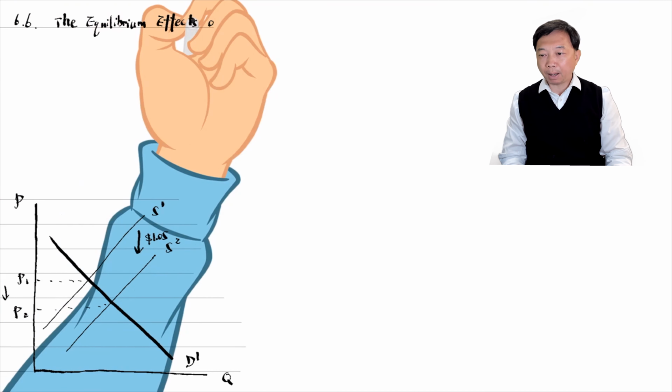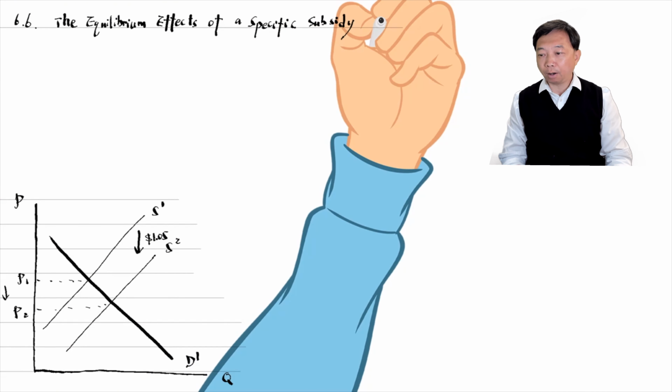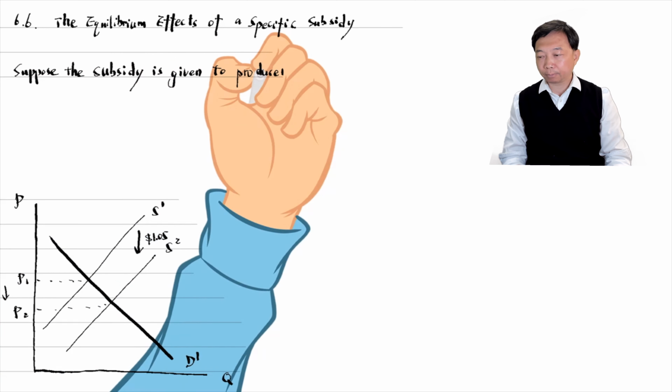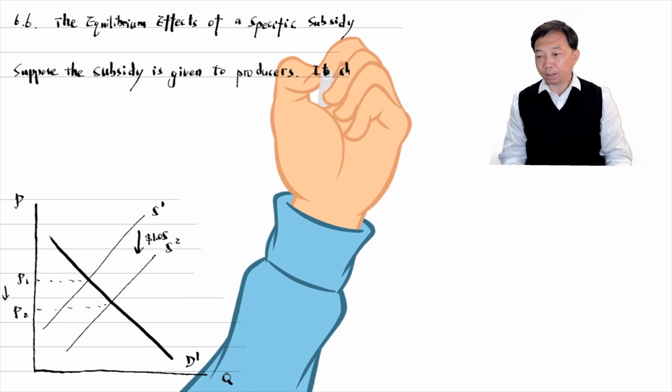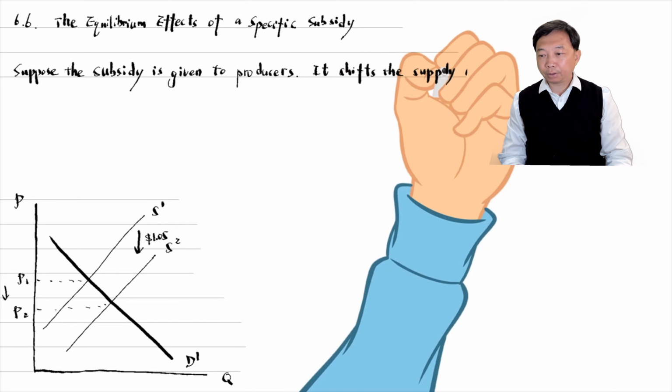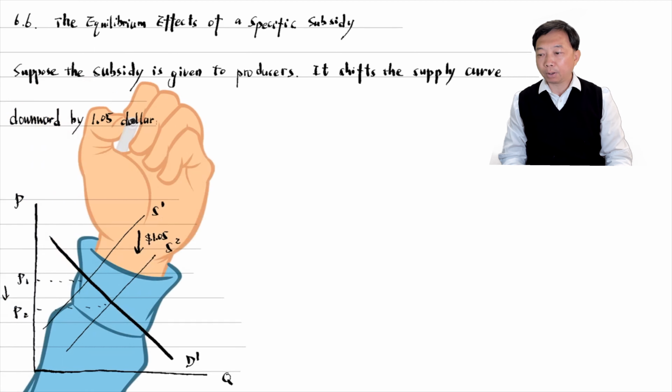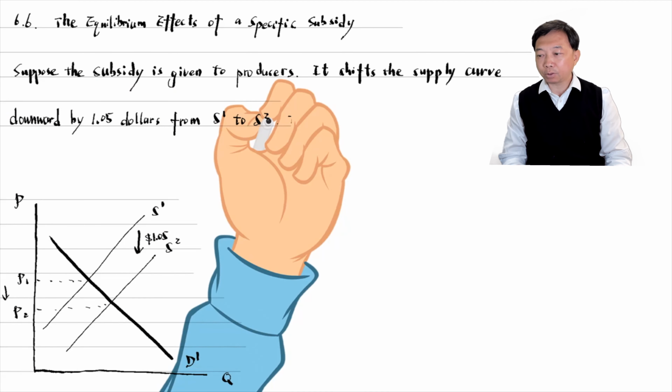This question is about the equilibrium effects of a specific subsidy. Suppose the subsidy is given to producers. It shifts the supply curve downward by $1.05 from S1 to S2.